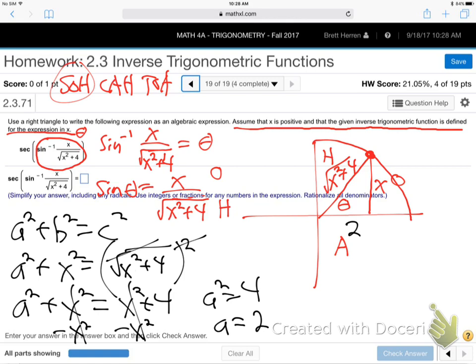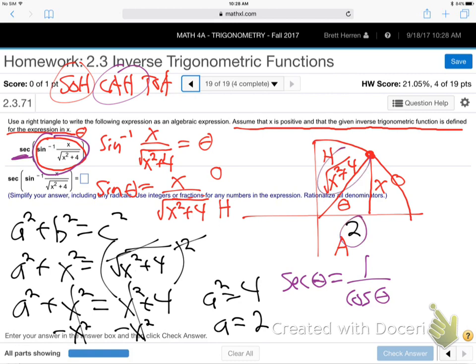Which is what? The original question is secant, secant of theta. So that's the real question. What's the secant of theta? Well, secant is 1 over cosine, isn't it? So it's 1 over cosine of theta. What's the cosine? Adjacent over hypotenuse.